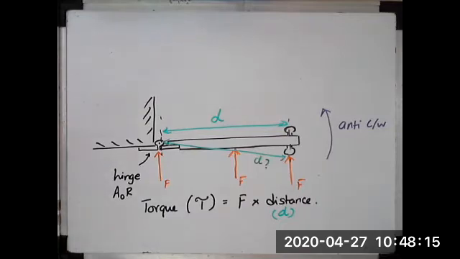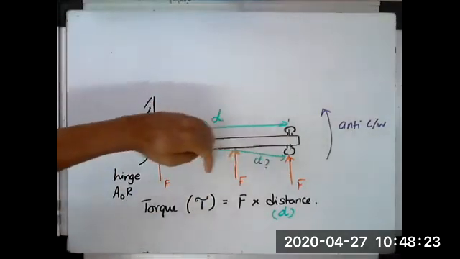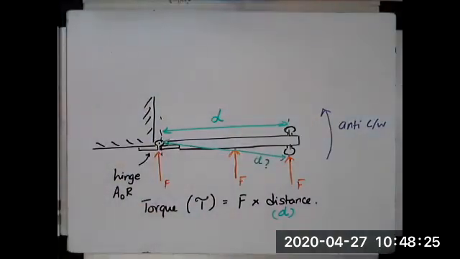Well, again, we can go to the same thing that we did before, that is shift the forces, go to the extremes. What happens when you apply the force at an extreme angle? All right.